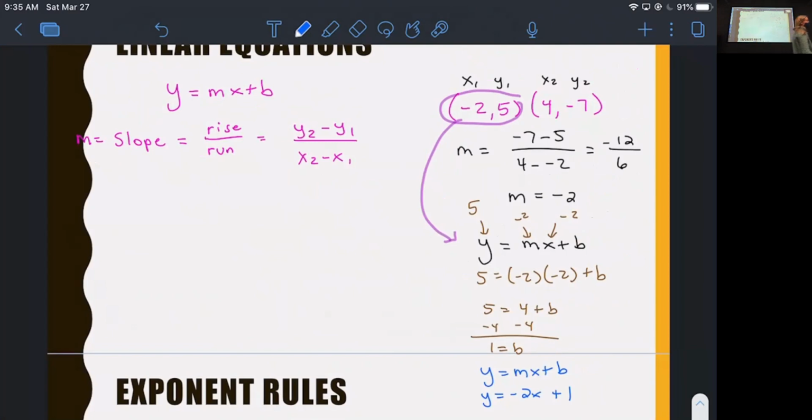Questions on that? Another thing that it can ask you to do is just find intercepts. How do you find an x-intercept?